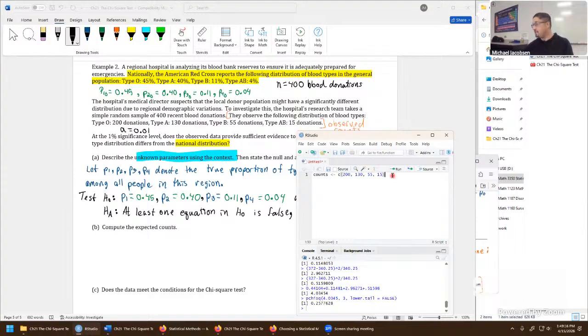That looks about right. Once we get the counts in, we have to also put in the hypothesized probabilities. I'll call this prob for short. Prob gets c, 0.45, 0.40, 0.11, 0.04.